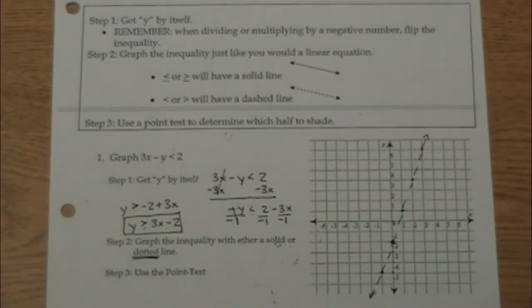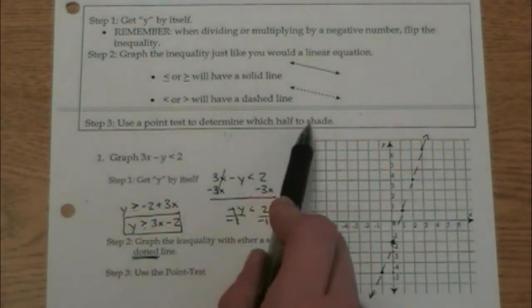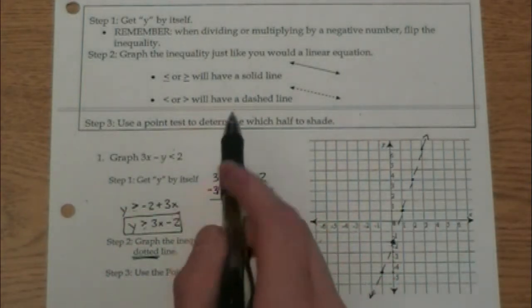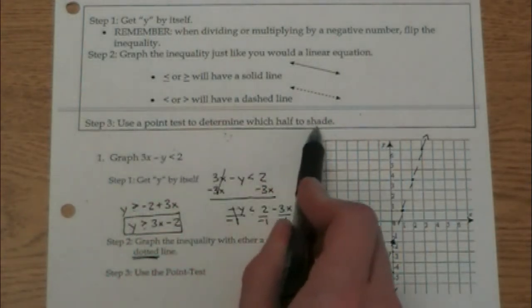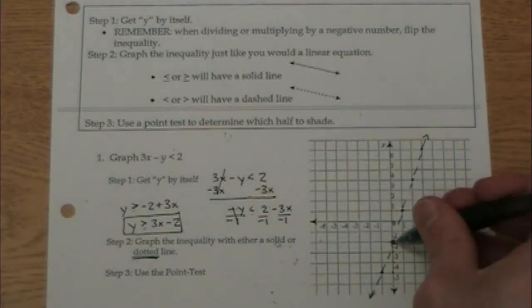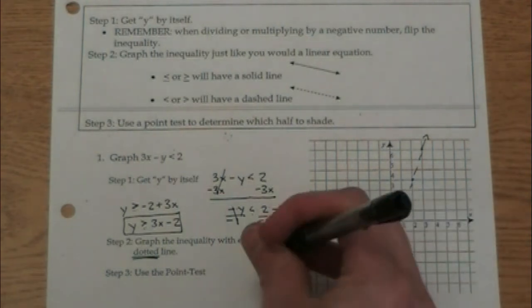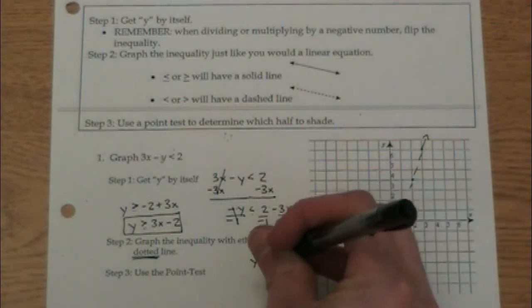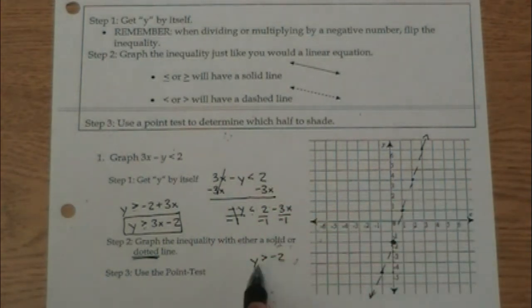Now this is something we did earlier in the year. Use the point test to determine which half to shade, because you're going to need this later in this class period. So you need to look at your y-intercept, negative 2. In the problem, you have a greater than sign, so rewrite it as y is greater than negative 2.